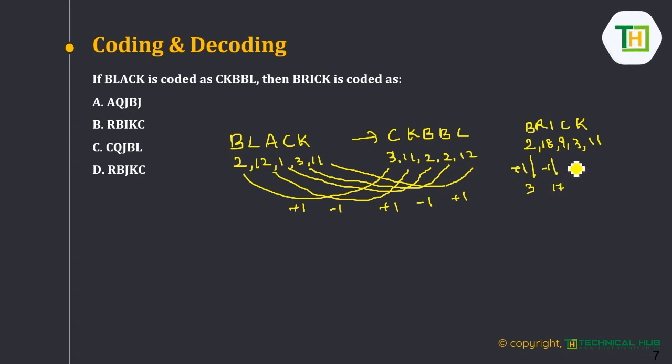Again adding 1 means 9 plus 1 means 10. Subtracting 1 means 3 minus 1 means 2. Again adding 1 means 11 plus 1 means 12. In English alphabet, third letter is C, 17th letter is Q, and 10th is J, second letter is B, 12th letter is L. So the answer is CQJBL. Given the options, option C is the correct answer.